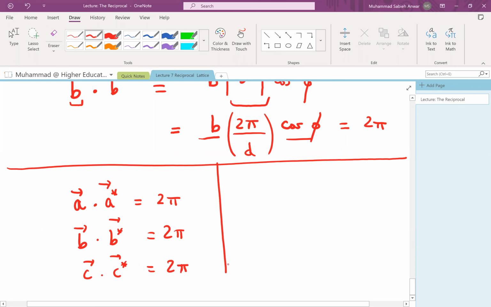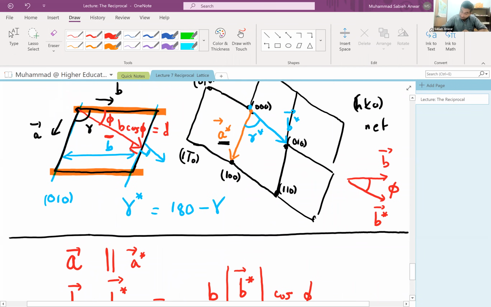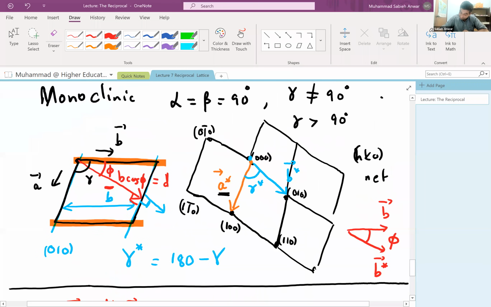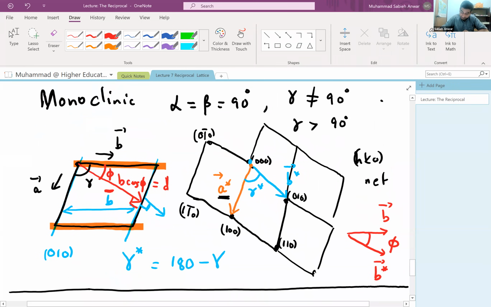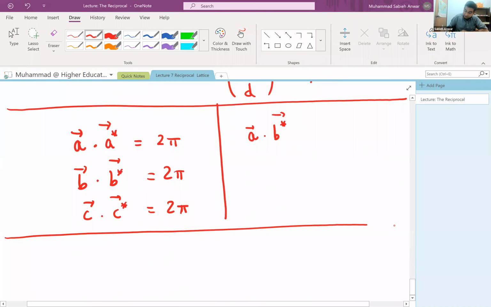And A dotted with B star. So if I look at A and I look at B star, there could be some angle between them, but that's not what concerns me at the moment.